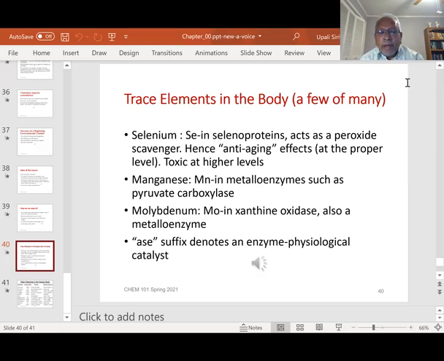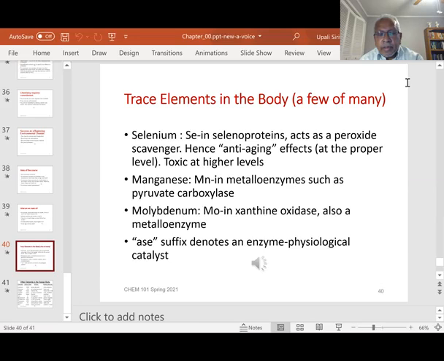Manganese is present in metalloenzymes, enzymes that do something in metabolism. Organisms use metalloenzymes that contain manganese ions.